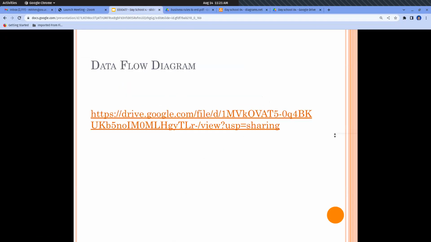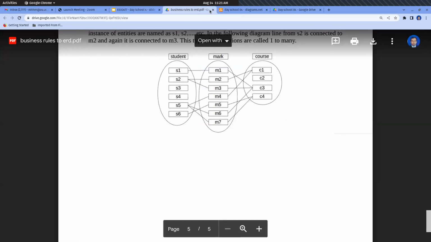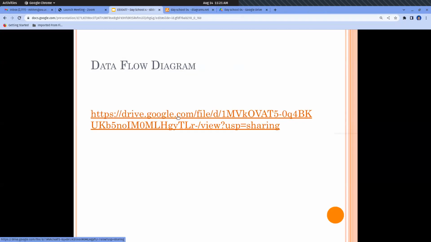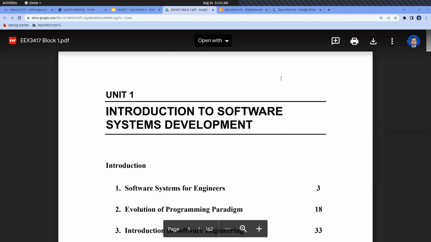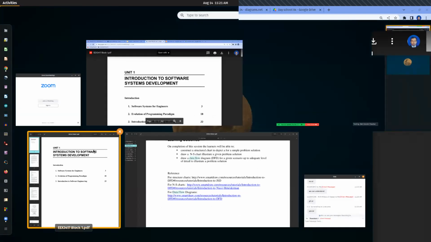Now database. Database I will explain from our book.